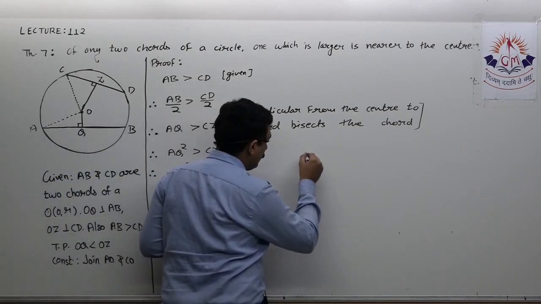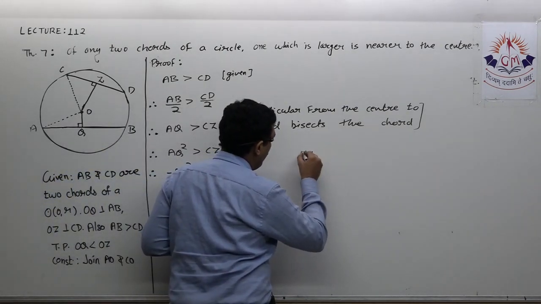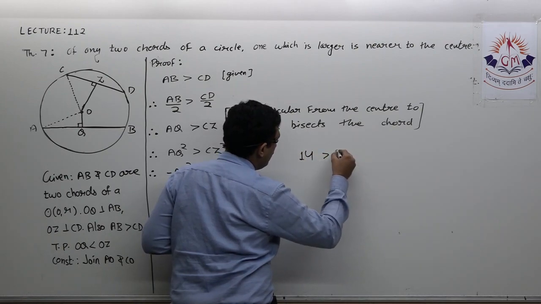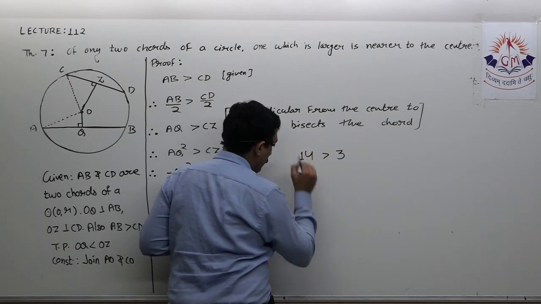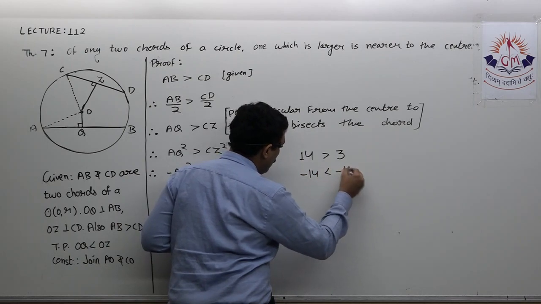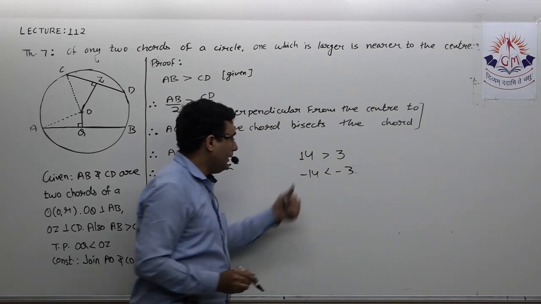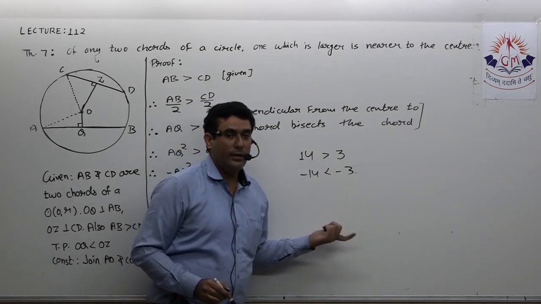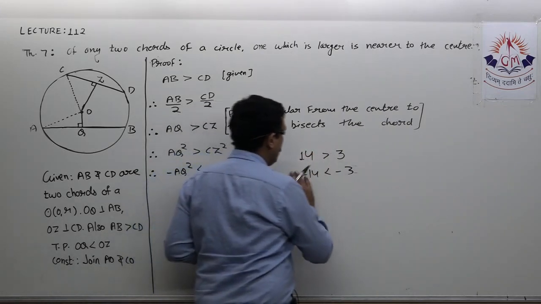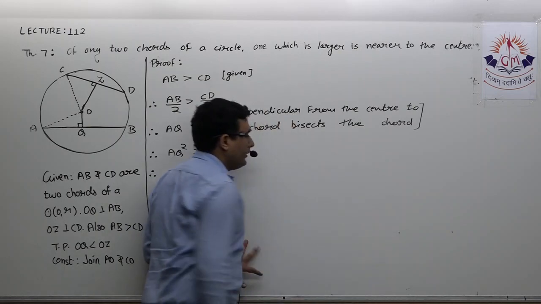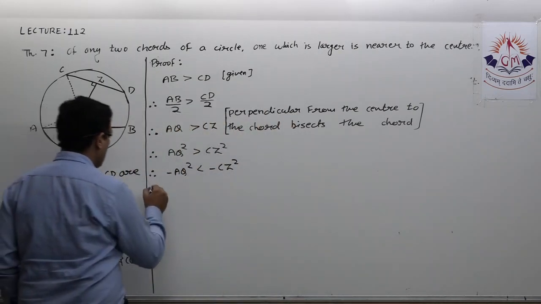You can understand this in this way: if I say 14 is greater than 3, obviously minus of 14 will be less than minus 3. That means if I multiply with a minus sign, the inequality sign will interchange. If it is greater, then it will become less, or if it is less, then it will become greater.